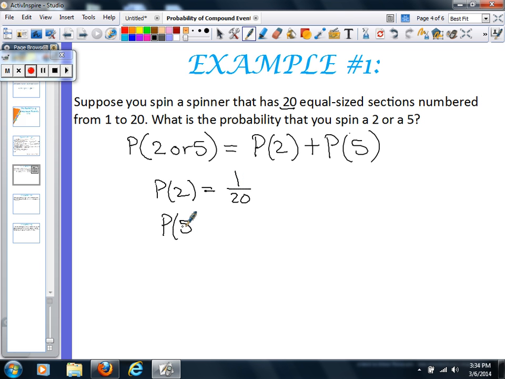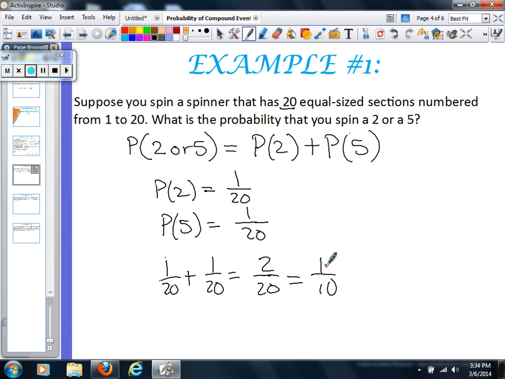The probability of 5, possible outcomes is 20, and there is only one number 5 in 20, so I'm going to put 1 over 20. So now we're going to add the two together, 1 over 20 plus 1 over 20. When I add fractions, the denominator stays the same, add the numerators, and then I can simplify this to 1 over 10. Okay? So this is how you would do a mutually exclusive event.